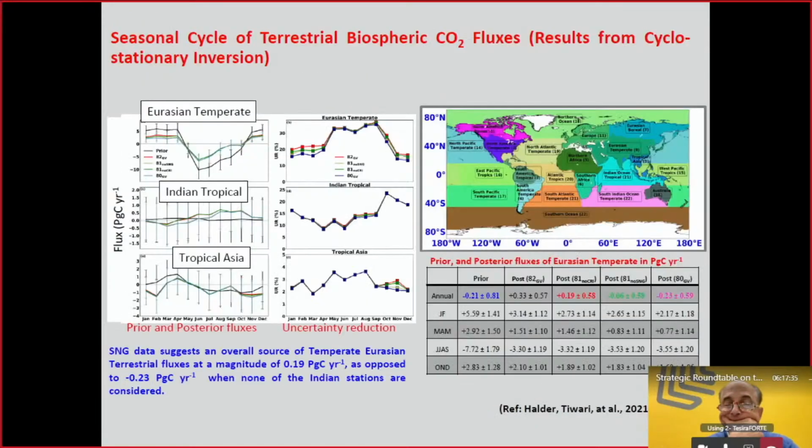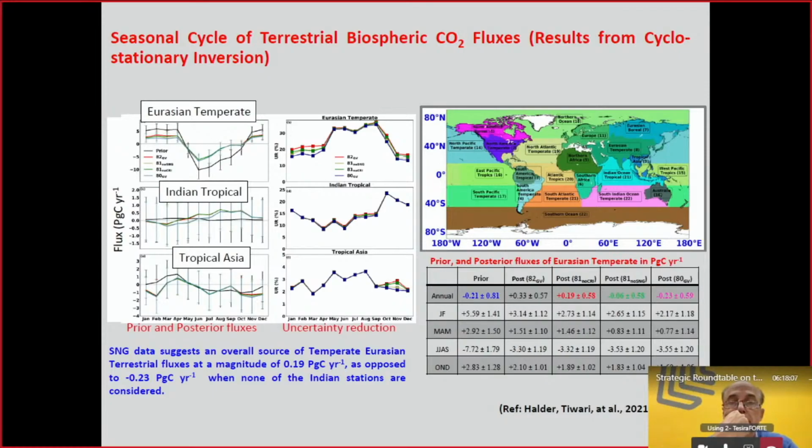Next. This is one example of when we used our observations in this model. This is the seasonal cycle of terrestrial biospheric CO2 flux resulting from the cyclostationary inversion. What we found is that when we used the CARIBIC observations, which were not used previously, this suggests an overall source for temperate Eurasian terrestrial fluxes, where India lies.